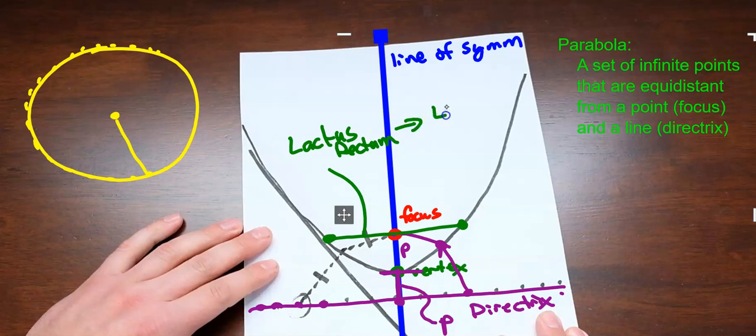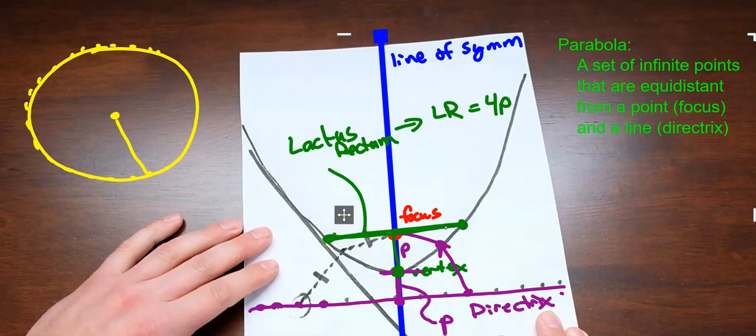So I'll just refer to it as the LR, all right? And the LR is equal to 4 times the value of p. So once again, review what these things mean, because this is all new stuff. We haven't really talked about this before. p is the distance from the vertex to the focus. And then this bar right here, this chord, the latus rectum, or LR, is 4 times that length. So you give me the p value, this is going to be 4 times the length.